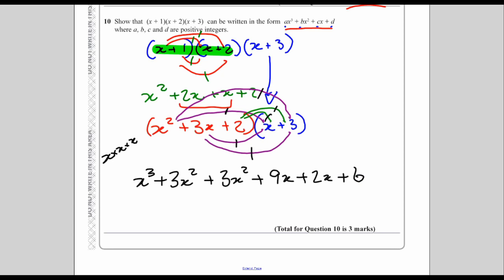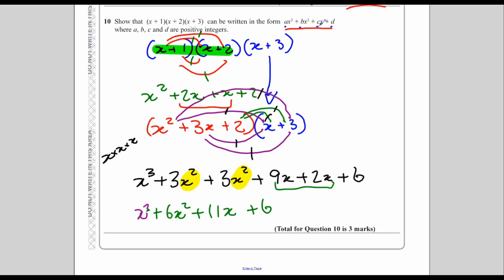Now we have to collect like terms together. There's only one x cubed. Can you see how many lots of x squareds we've got? We've got 3 lots here and 3 lots here. So that's 6 lots of x squared. Same with the x's, we've got 9x's plus 2x's is 11x's plus 6.